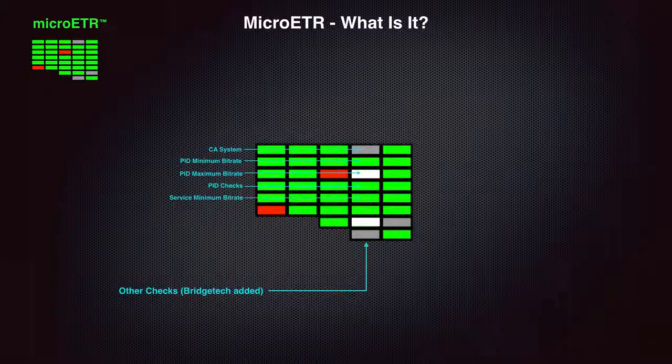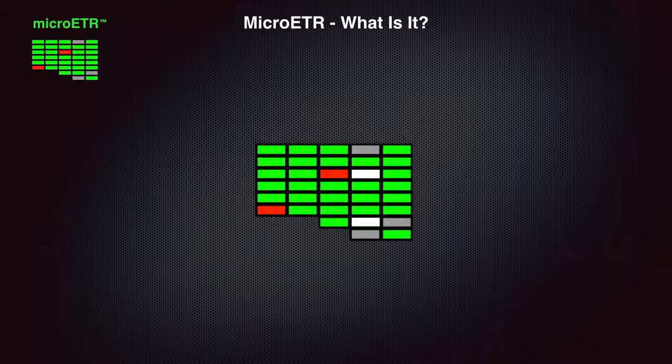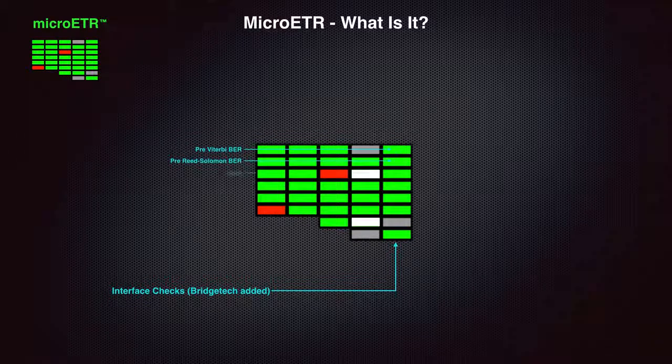These range from CA system checks through PID and service checks. The final column shows interface checks, and the data shown here depends upon the interface being checked. In this example, we're showing the interface of a DVB-T transport stream. You can see the checks are specific to this interface type.